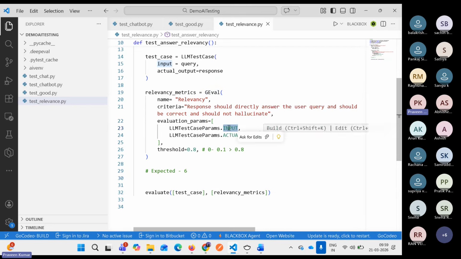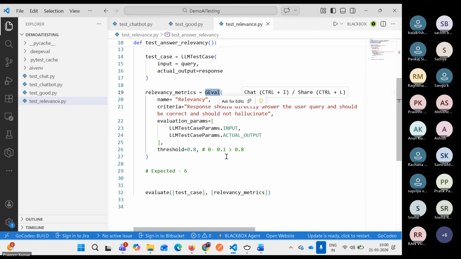Depending on the input and output it has gotten from the AI/LLM, it will be given to your GEval. GEval will take the reference of the data that it has internally and try to find out whether the answer is correct or not.